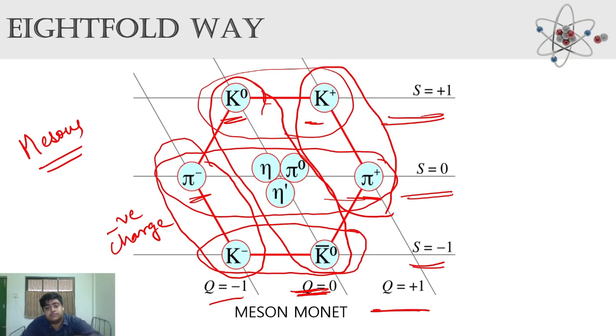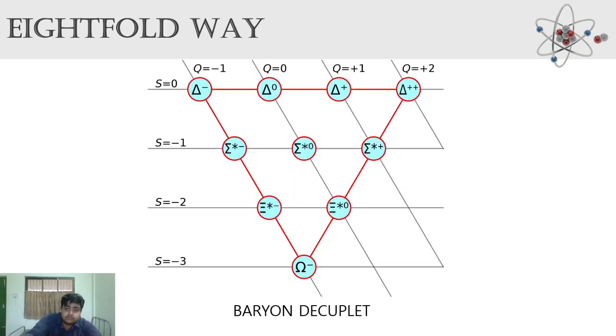Right. Now let's move on to the baryon decuplet. Decuplet means 10, so we are dealing with 10 particles. And all of these are baryons. That is, they comprise 3 individual quarks inside them.